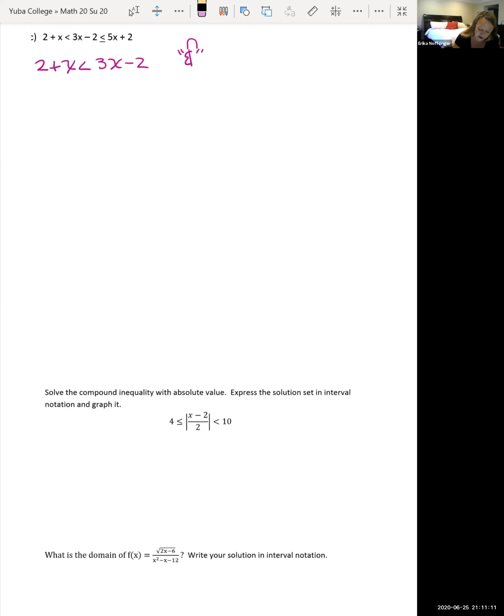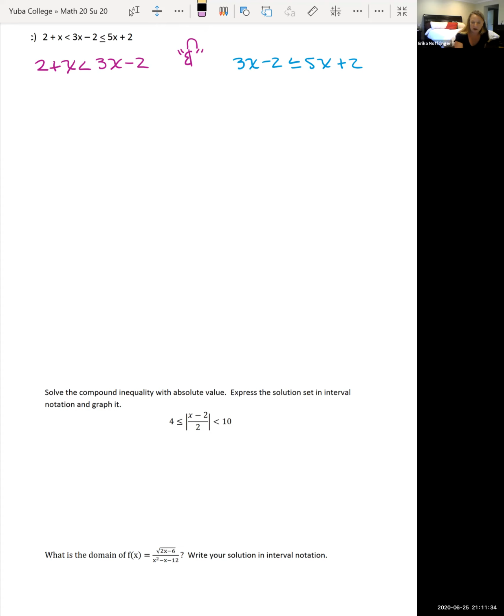We're looking at when is 3x minus 2 less than or equal to 5x plus 2. So we want to solve each inequality separately. And because this is an and statement, we're looking at when they have the same solution area in common.